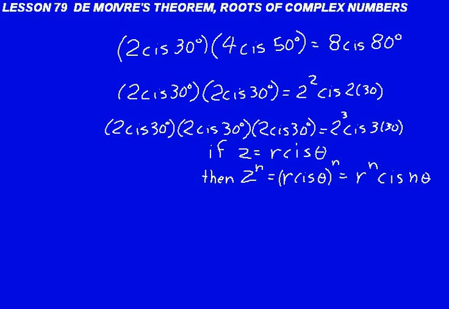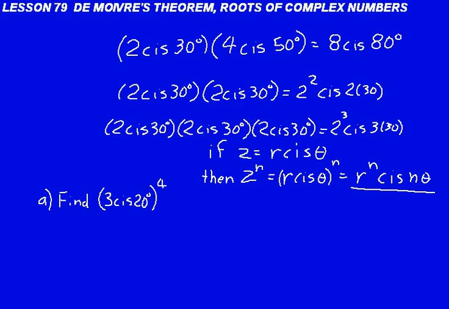That is called De Moivre's theorem, and that was developed by a French mathematician, Abraham de Moivre. He was a refugee to London. He lived in the late 1600s, early 1700s, around the time of many other famous scientists and mathematicians, such as Isaac Newton.